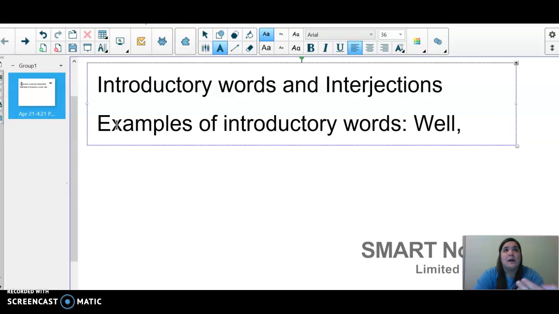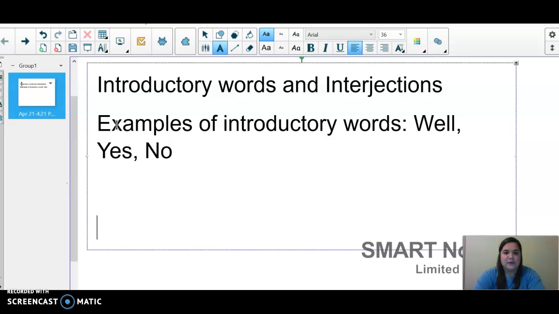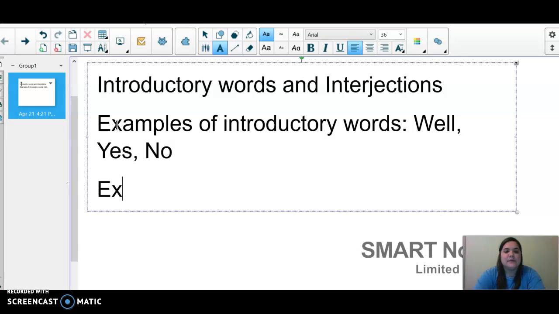Another thing is a lot of times introductory words will be like answering questions. So you might say, yes, I did want to go, or no, please, I don't want that, or whatever. So yes and no are often other examples. What about examples of interjections?